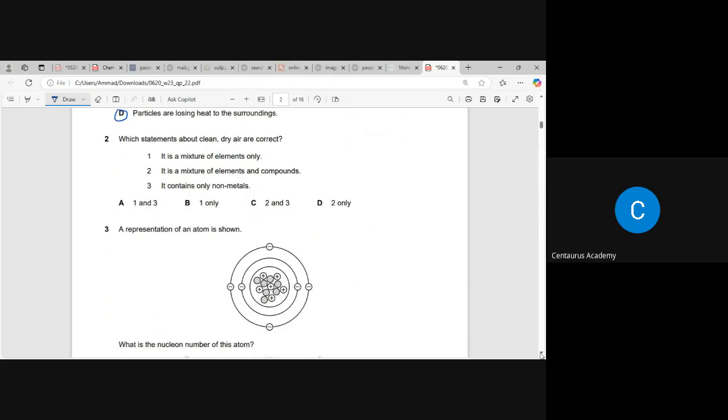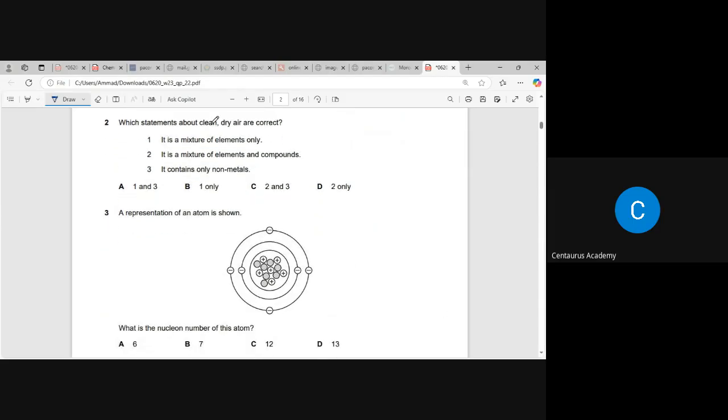Moving on to the next question, which statements about clean, dry air are correct? It is a mixture of elements only, a mixture of compounds and elements, or it contains only non-metals. Is it A, B, C, or D? Mention your answer in the chat box.